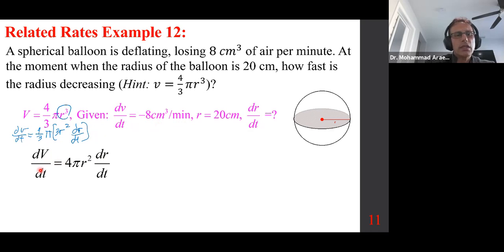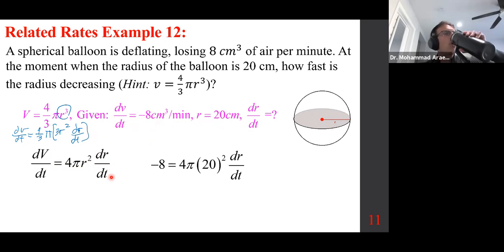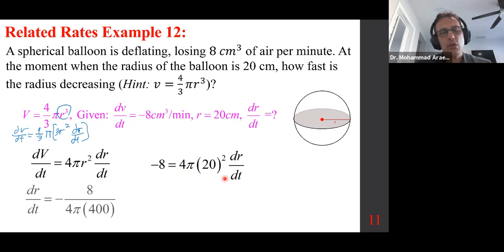So this is -8, this is 4 pi, r is 20 squared, dr/dt is missing. So what is dr/dt? Divide everything by 4 pi times 20 squared, or 400. You can do the simplification as follows. Say 8 becomes 2 and 4 goes away.